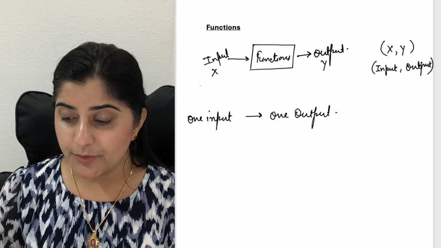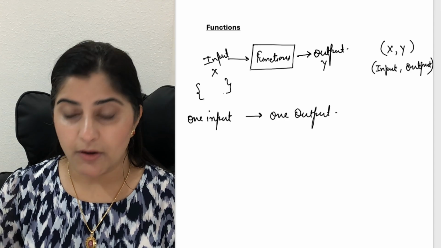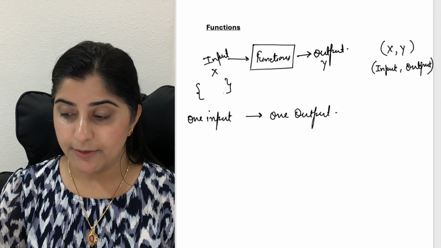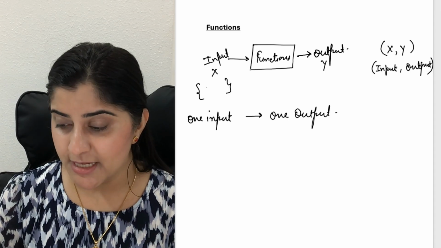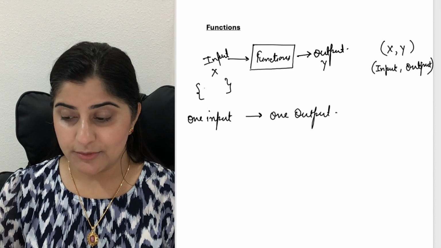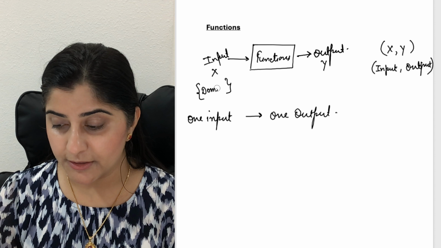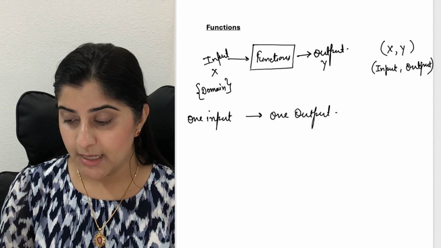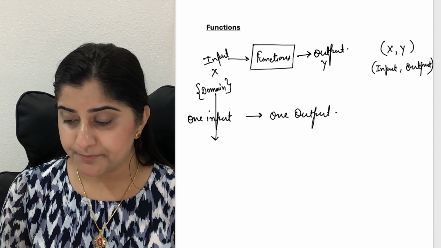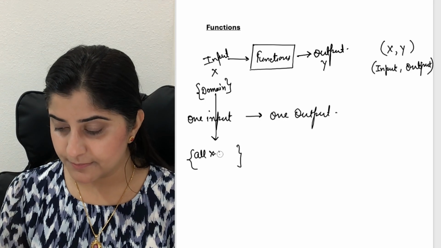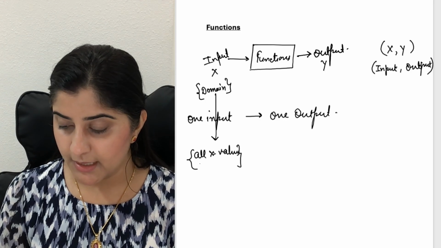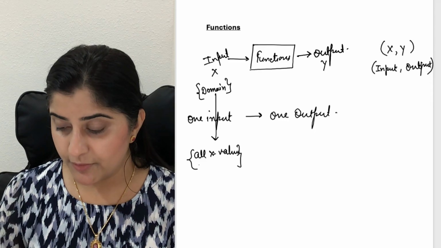Okay, so if you collect all the inputs, all the x values that we can input in the function that give you a valid output, the whole set of x values is called the domain of the function. So what do we mean by domain? It is all x values that give you a valid output.